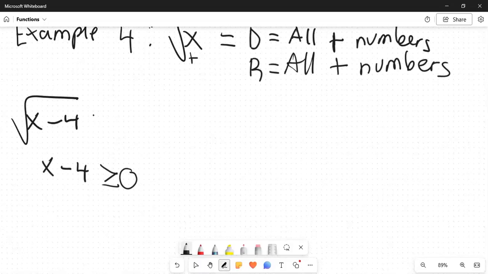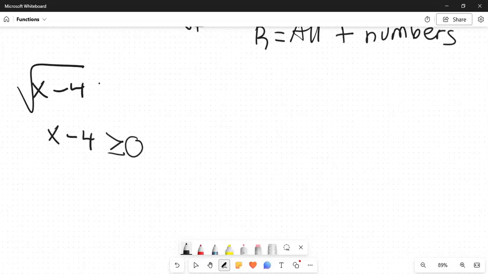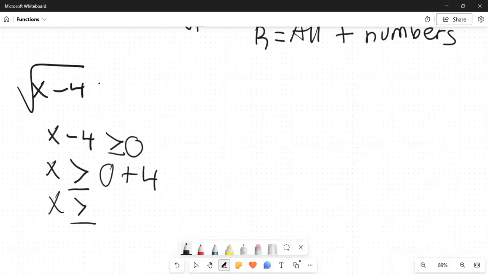So it means all the numbers which are inside the root have to be greater than or equal to 0. So we use inequalities now. If x is greater than or equal to 0 plus 4, our domain here is x is greater than or equal to 4. So this is our domain.